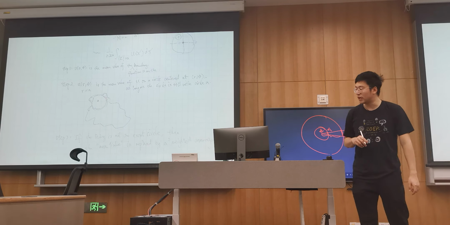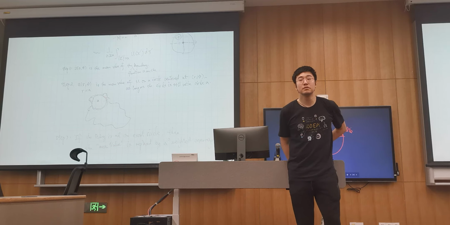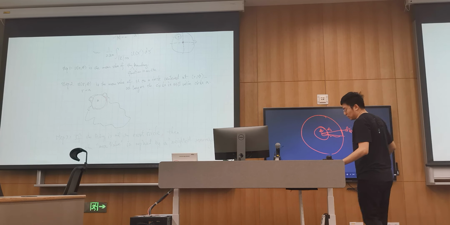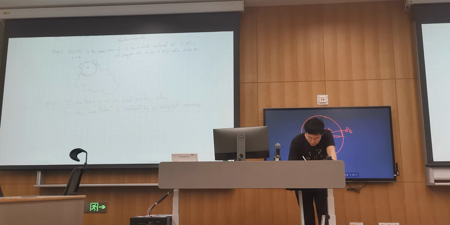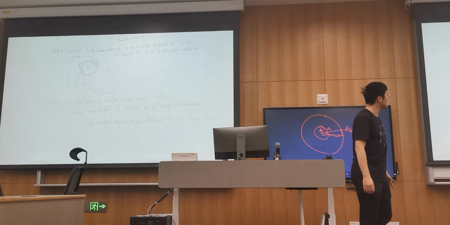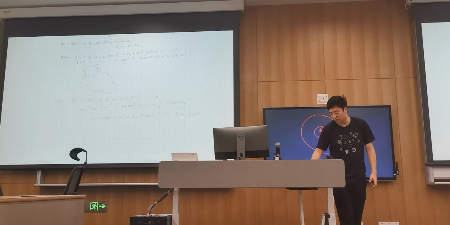Do you want to make a guess? What does the weight depend on? The weight depends on the distance to the boundary point. That's it. So this is the so-called mean value property.